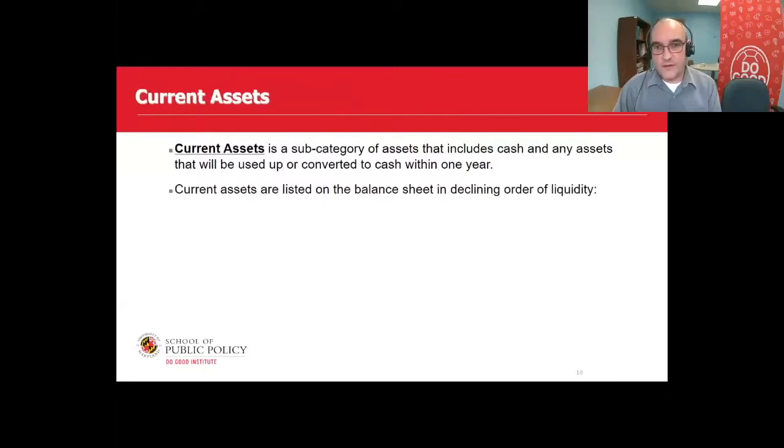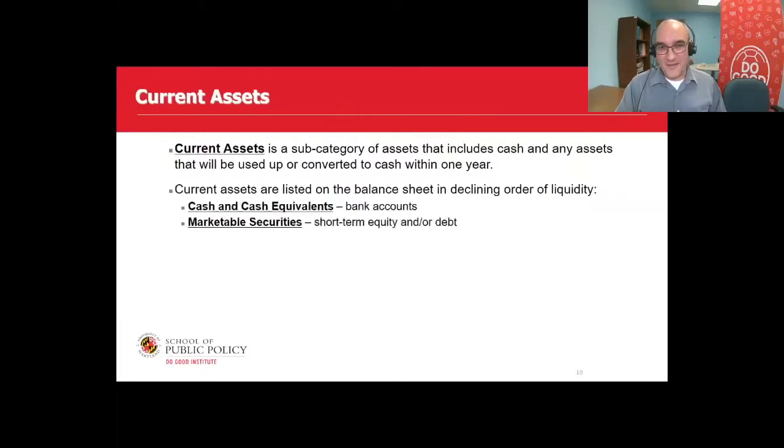Current assets are listed on the balance sheet in declining order of liquidity. That is, in descending order of how cash-like the asset actually is, how easy it is to convert to cash. Cash is always listed first because, of course, it's the most cash-like item on the balance sheet.